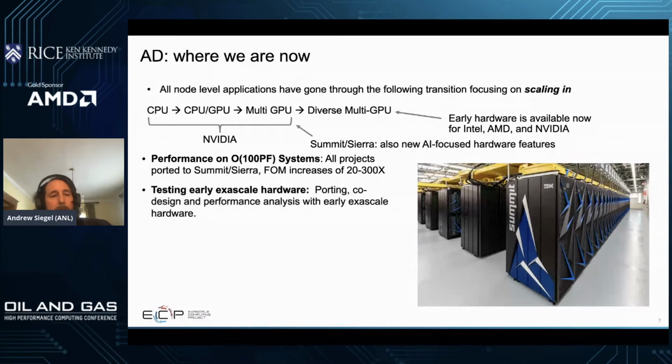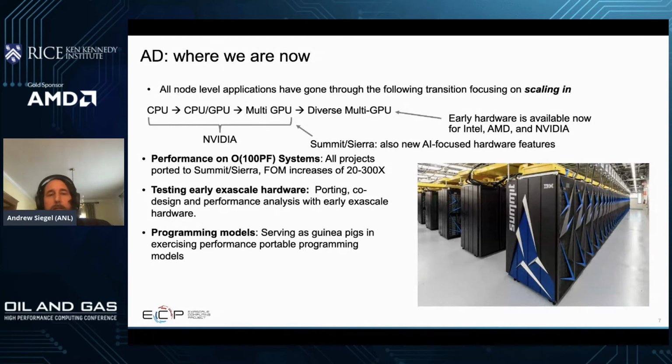The teams are working on porting and co-design and performance analysis with early Exascale hardware, so the hardware that is the precursor to the true Exascale systems. The teams have de facto become guinea pigs for exercising performance portable programming models. So how are you going to program these systems? I will talk shortly about a huge range of different possibilities, but as this ecosystem hardens, the application push is a big component of it.